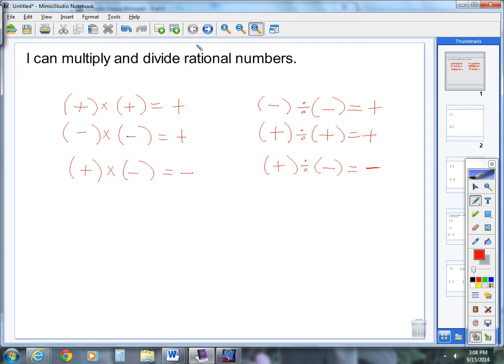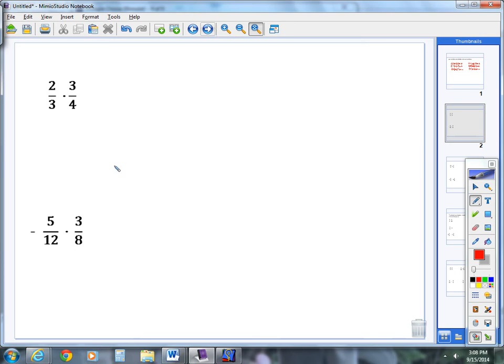Well, today we are going to apply those rules to rational numbers. So let's look at a couple examples. Just remember that when you multiply fractions, you will multiply the numerators and then you will multiply the denominators. So in this case, we are going to multiply 2 times 3. Notice the little multiplication symbol. You get 6 over 3 times 4 is 12.